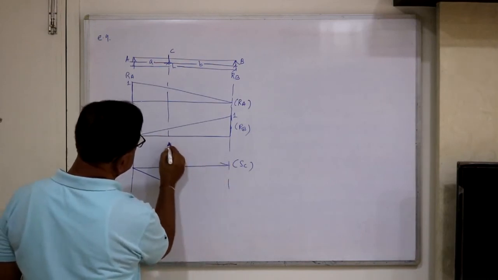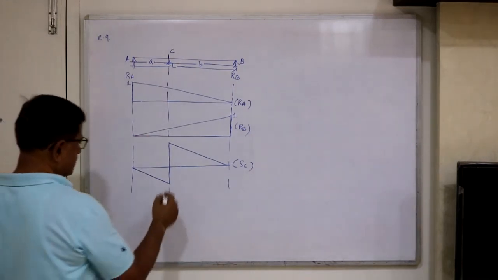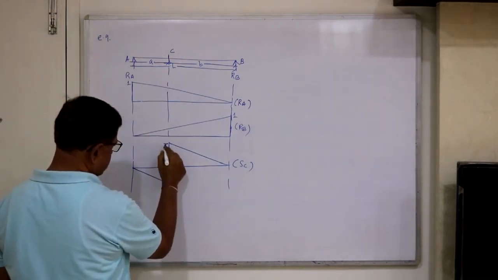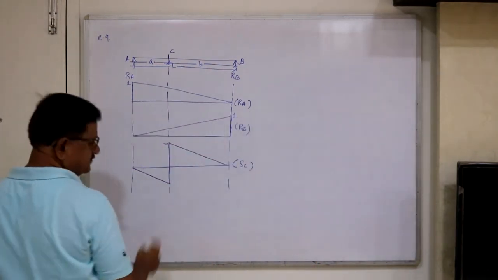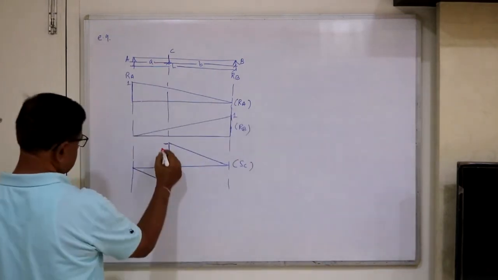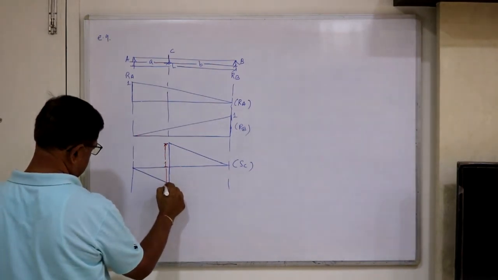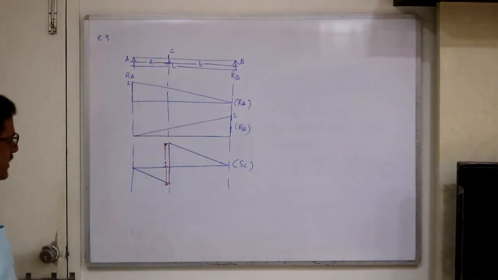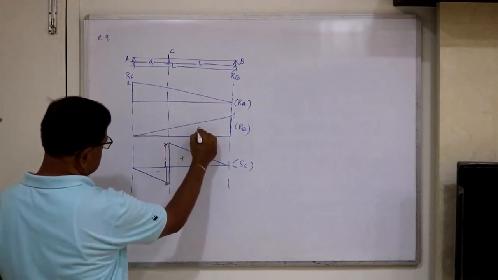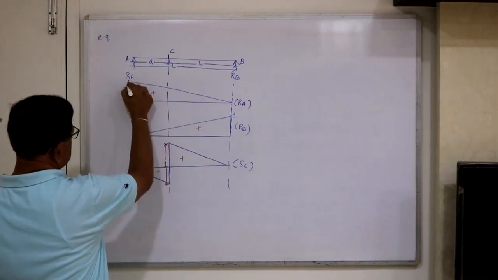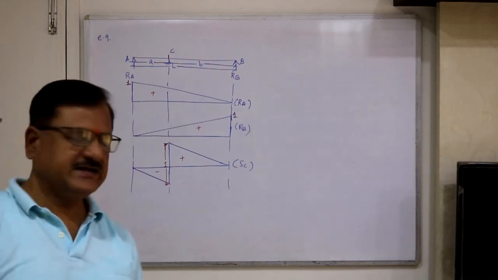Remember, this is minus and this is plus. So you get the ordinates at critical points directly.